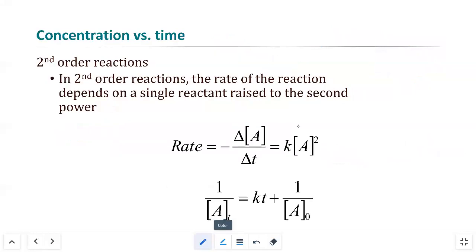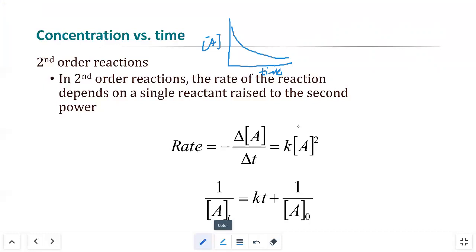With second order, again, the problem we run into is that if we graph just the concentration of A versus time, we're going to see the same curving that we saw with first order.